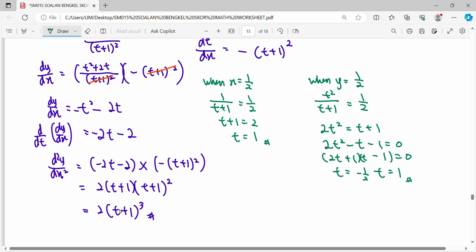So what is the parameter that can hold for x and y? When your x has parameter value t equals 1, or when your y has parameter t equals negative 1/2 and 1. So what is your parameter in these questions? Just only 1. So therefore, we substitute t equals 1 into d2y/dx squared.